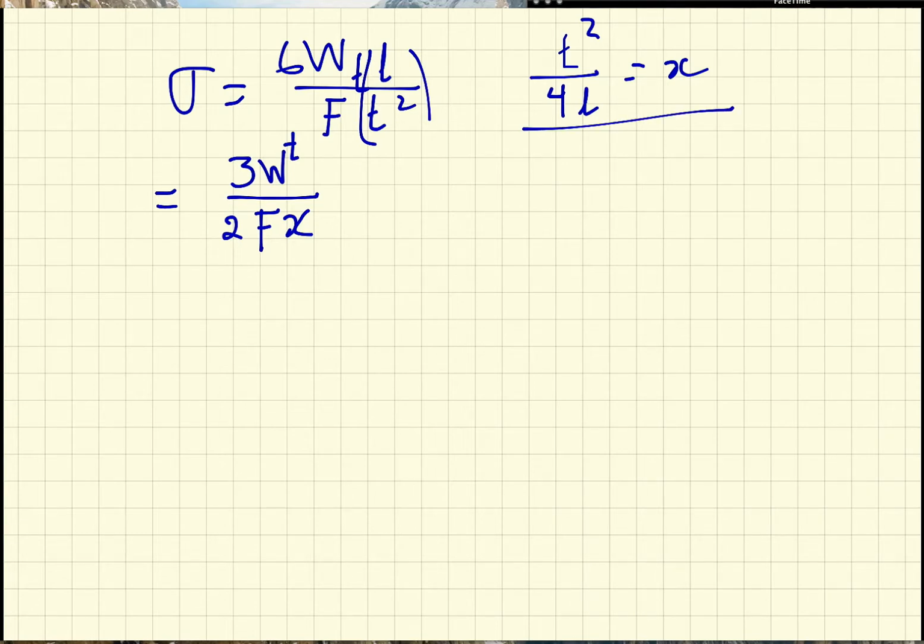Now if we would like to get this in terms of the pitch, we multiply top and bottom by the circular pitch. Also, if we take x over p and let that be equal to y, in other words, y is a fractional distance, the distance x divided by the circular pitch, then we find that sigma in this case is equal to Wt.